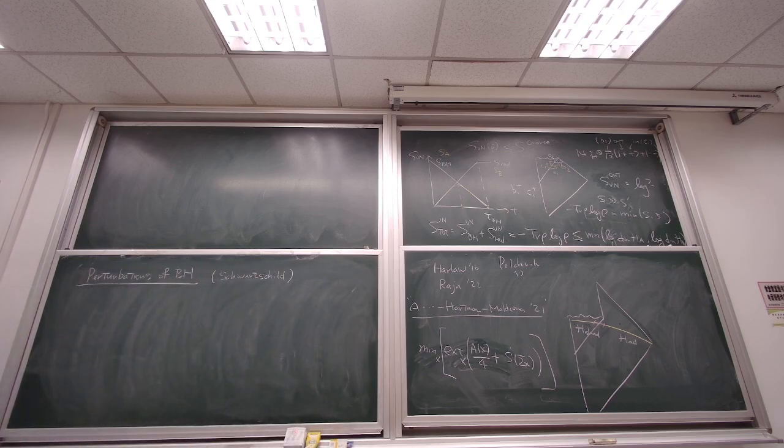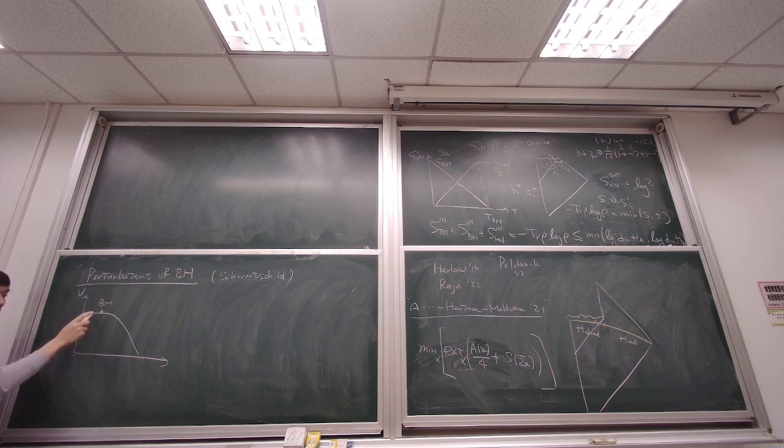What is perturbation of a black hole? Why is it important? Perturbation of a black hole is very important because suppose the black hole state sits somewhere in a potential with whatever parameters.